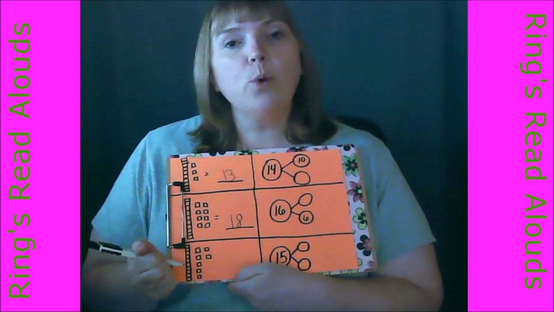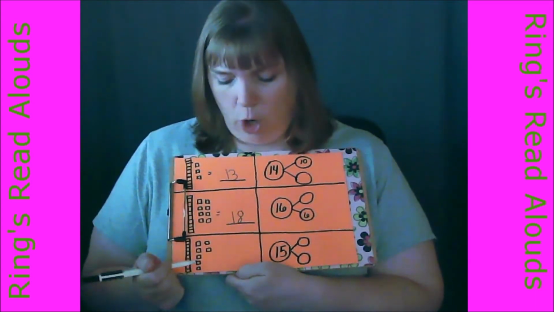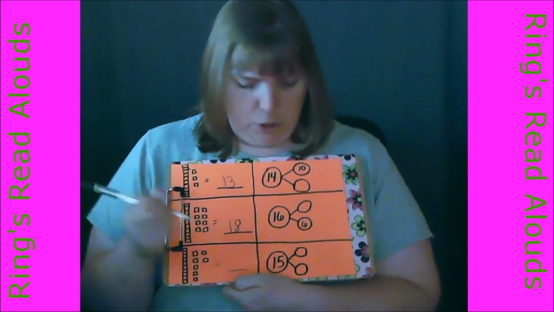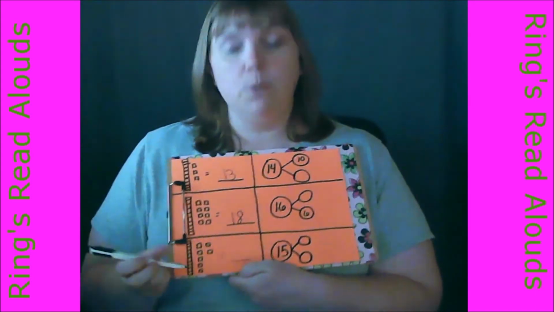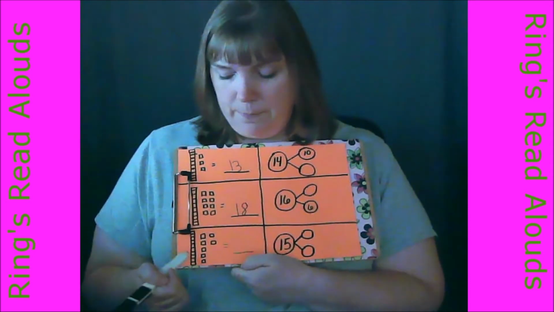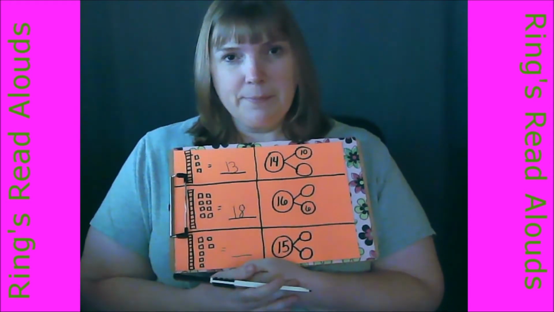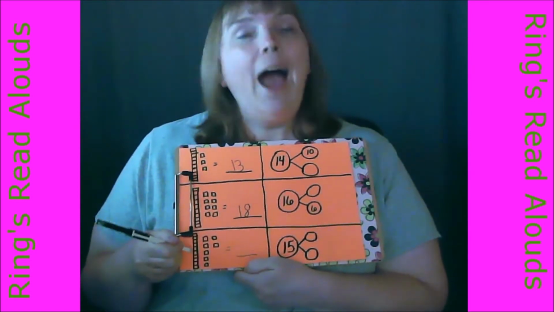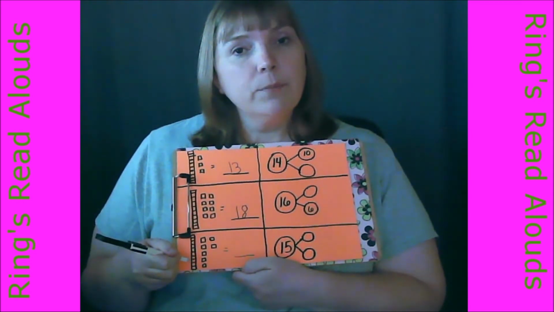All right, last one. I want you to try this one on your own before I say what it is, okay? Let's see if you can figure it out before I give you the answer. I'm going to give you just a minute to see if you can figure it out. Okay, how many tens rods do I have? 1.